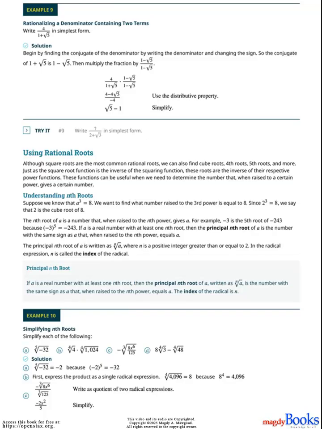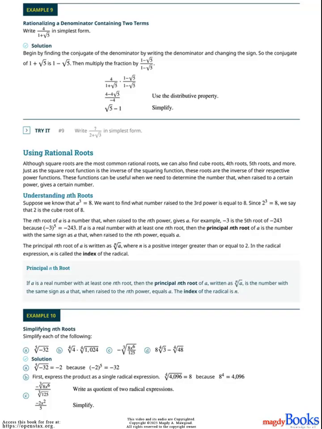Solution. a. Fifth root of negative 32 equals negative 2 because (negative 2) to the fifth power equals negative 32. b. First, express the product as a single radical expression. Fourth root of 4096 equals 8, because 8 to the power of 4 equals 4096. c.